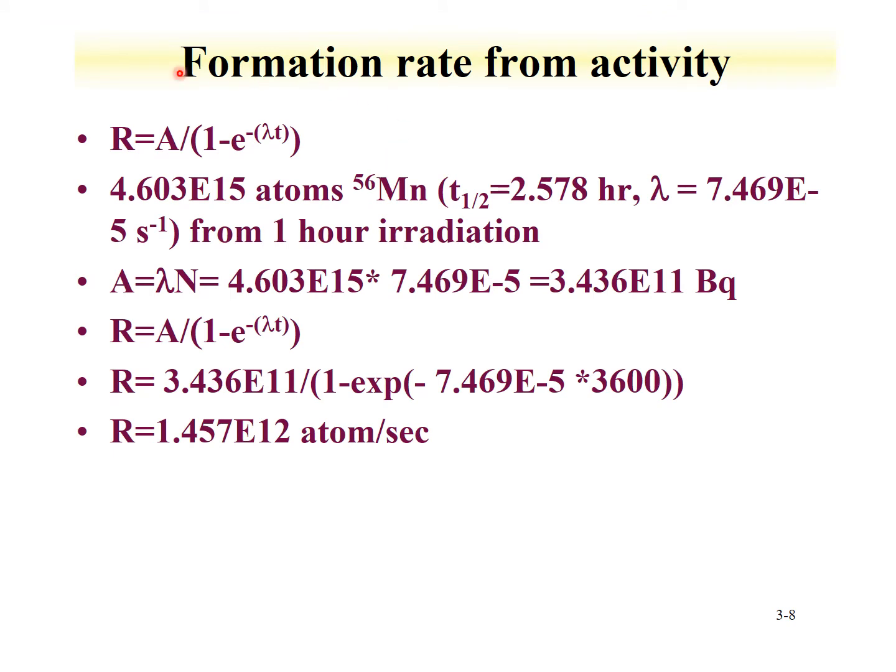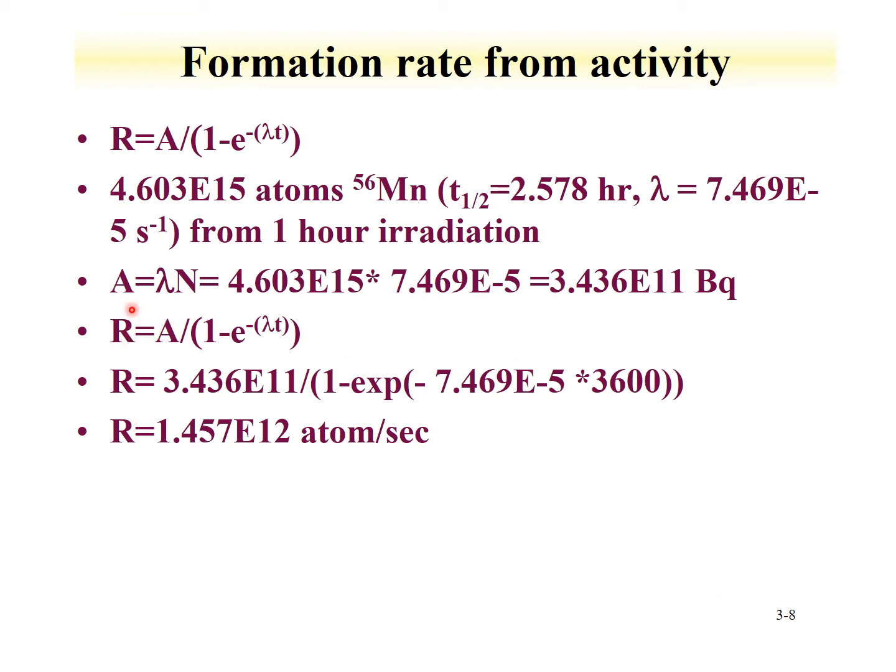We introduced this equation a few slides ago, where we can determine the formation rate based upon a measured activity and this saturation factor. So let's look at the example from the manganese-56 that we provided in the previous slide. We've gone through how we determine this value. If I know the number of atoms of manganese-56 and the decay constant, activity equals lambda N. I get 3.4 times 10 to the 11th becquerels.